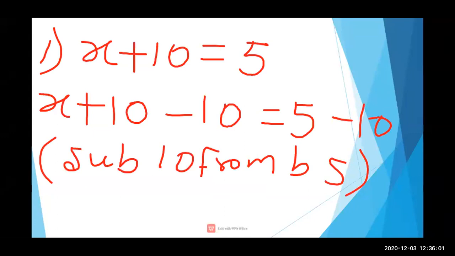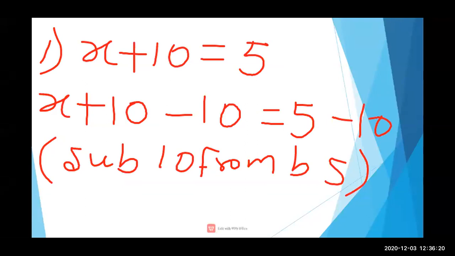In the first step, whatever the numbers are, the operation will change, but the number will not change. And we have to write that operation and that number on both sides, because in the bracket we are writing that same statement.